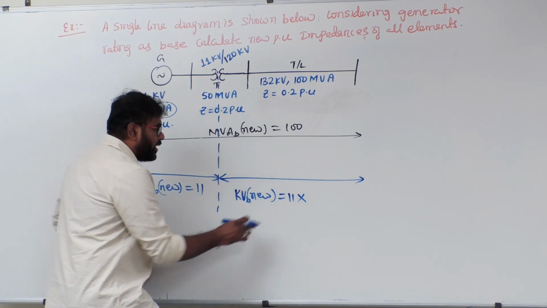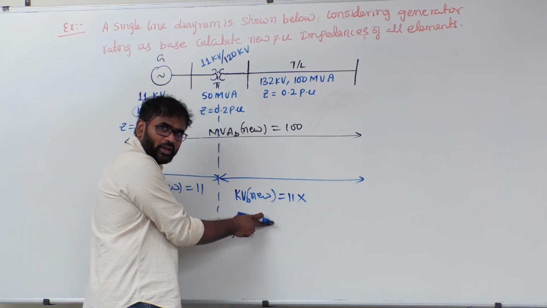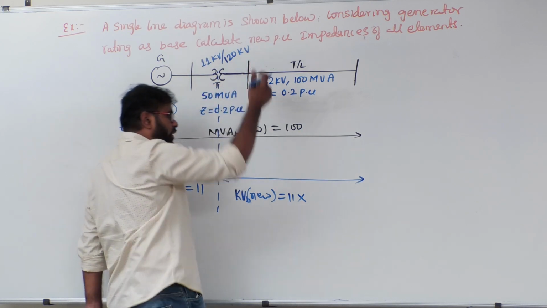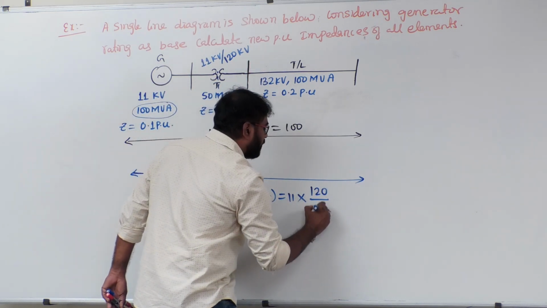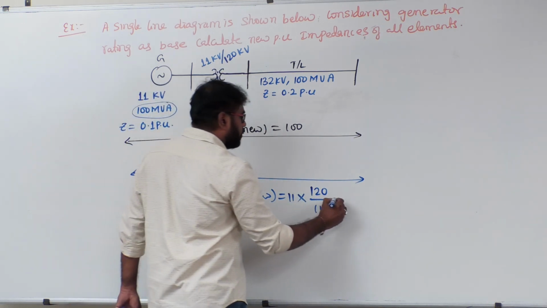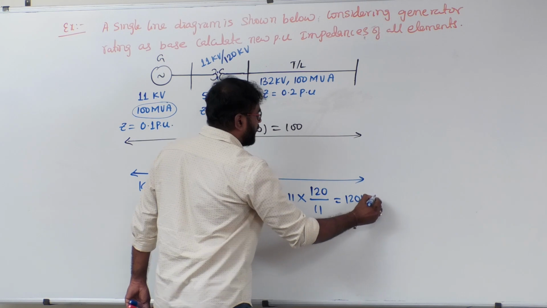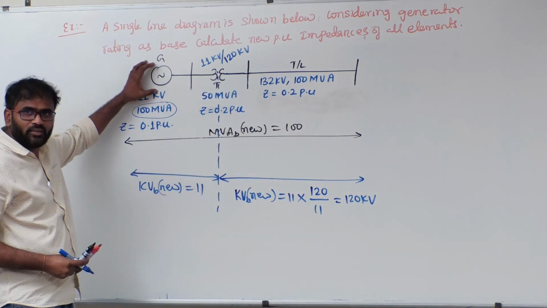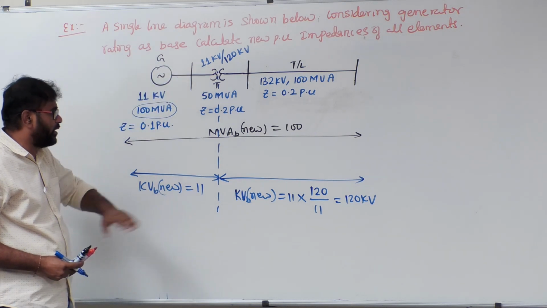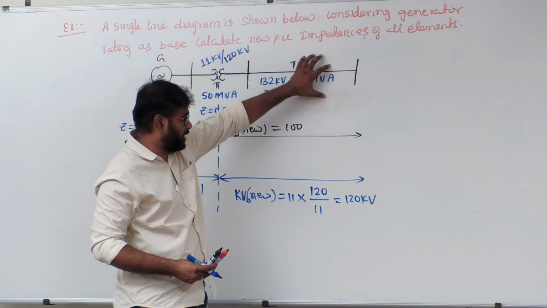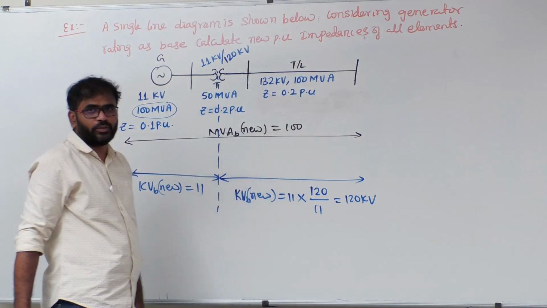The transformer is saying, I will shift 11 to 120, so you have to write 120 by 11 here. So what do I get? 120 kV. Clear? So kVB new for the generator and transformer primary is 11, and kVB new for the transformer secondary and transmission line is 120.